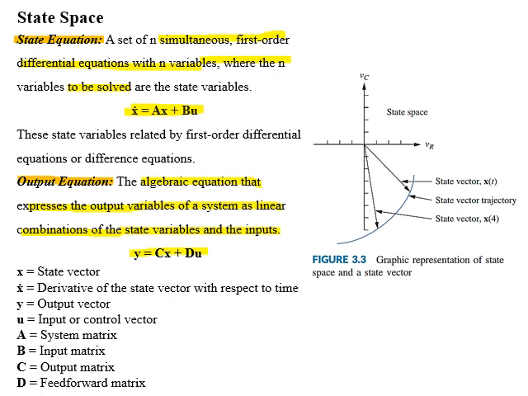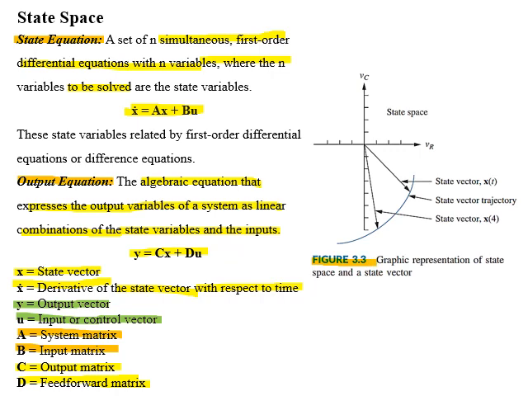In these equations, x is the state vector, x dot is the derivative of the state vector with respect to time, y is the output vector, u is the input or control vector, A is the system matrix, B is the input matrix, C is the output matrix, and D is the feed forward matrix. And mostly the feed forward matrix is 0.